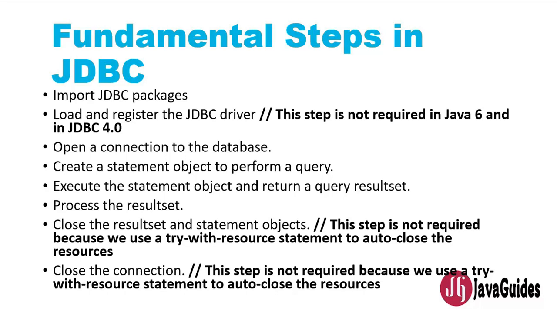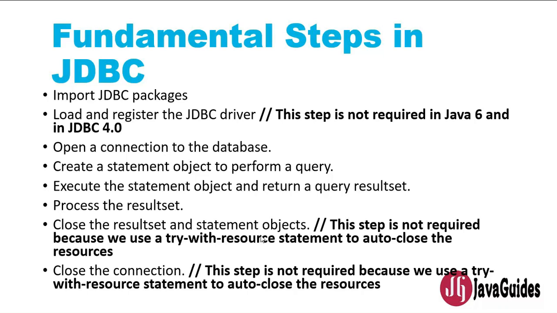Alright, and look at the 7th step here. This step is not required because we use the try-with-resources statement to auto close the JDBC resources. Before Java 7, we used a finally block to close the JDBC resources. But Java 7 provides this nice feature, the try-with-resources statement.